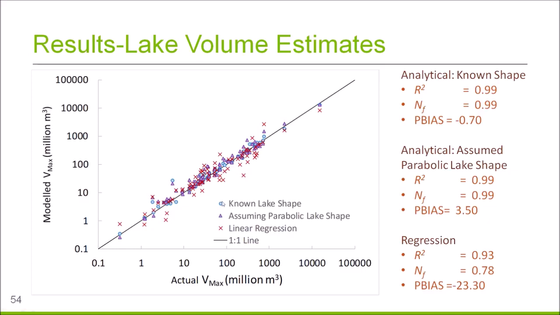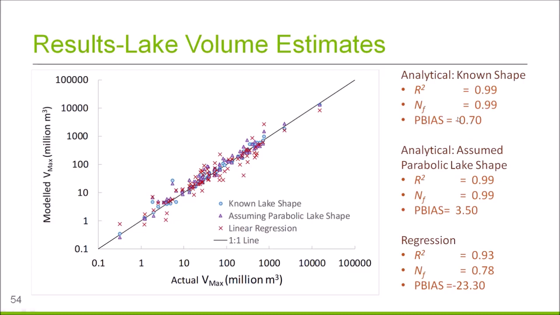If you know the lake shape, and if you do have the information on maximum depth and maximum surface area, you can apply those equations to actually estimate lake volume, and those are shown by these blue dots, right? And if you look at the statistics, when you know the lake shape, the maximum depth and surface area, you see the R-square is pretty good, and also the percent bias is very, very low.